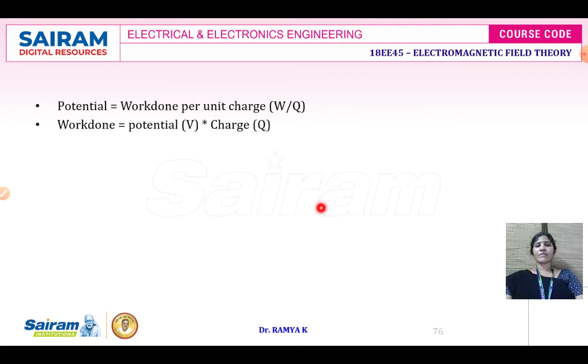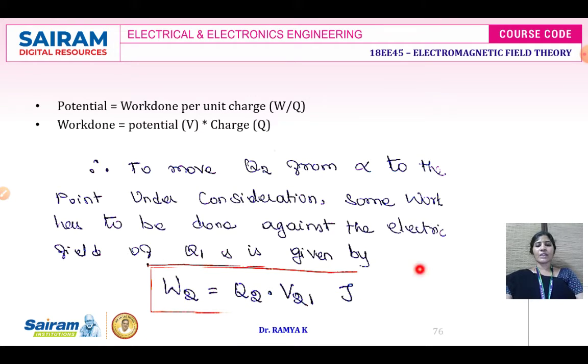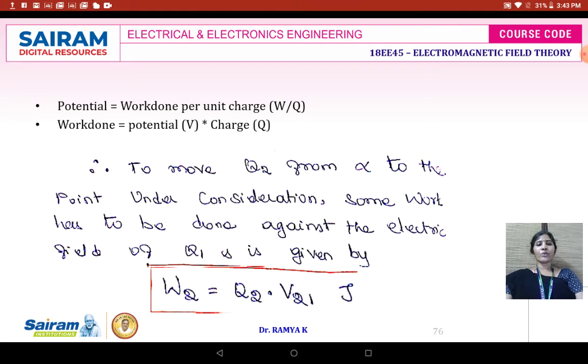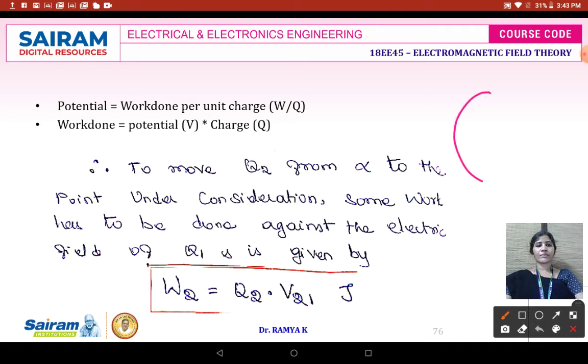Potential is nothing but work done per unit charge. Work done is equal to potential into charge. So to move a charge Q2 from infinity to the point under consideration, some work has to be done against the electric field of Q1, and it is given as W2 equal to Q2 into V21. Because when you are moving Q2, Q1 will already be inside the universe.